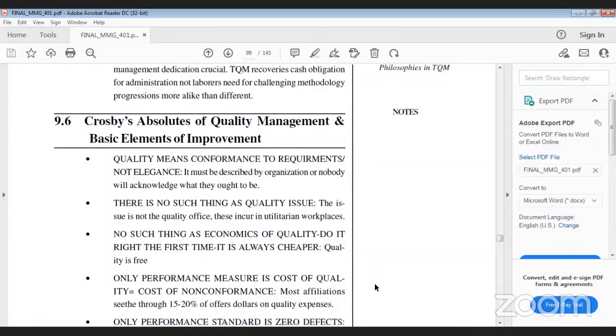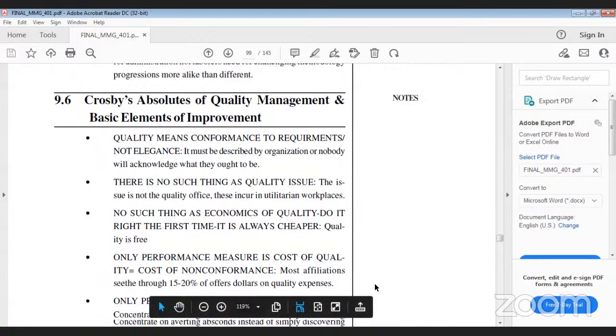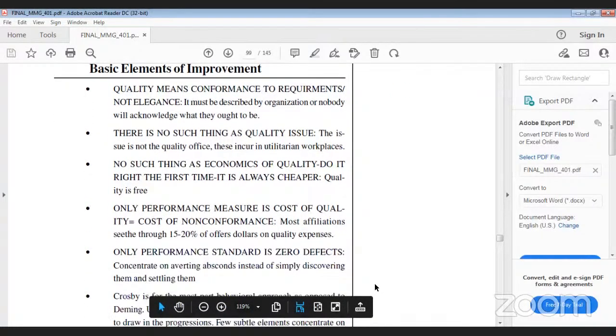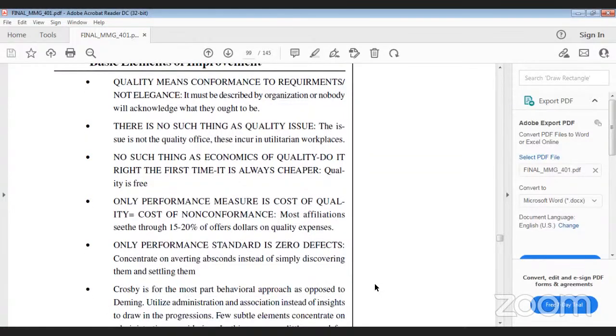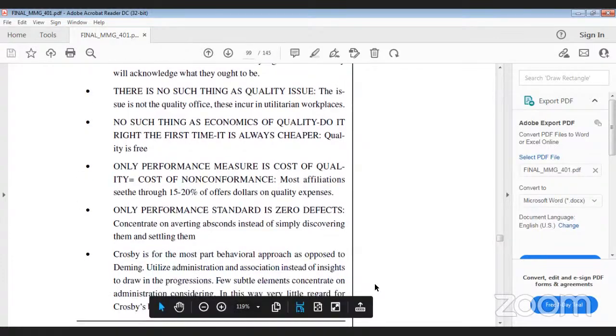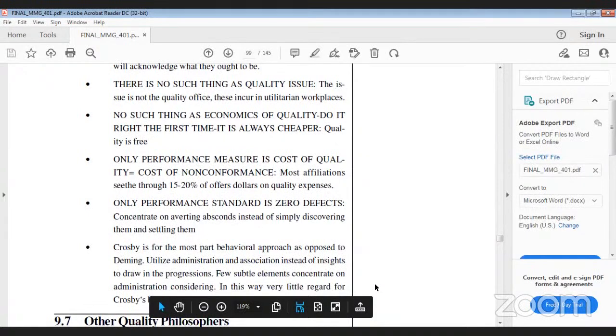Then third point is no such thing as economics of quality. Do it right the first time, it is always cheaper. Quality is free. Then fourth point is only performance measure is cost of quality, cost of non-conformance, most affiliation spend 15 to 20 percent of their dollars as per quality expense.